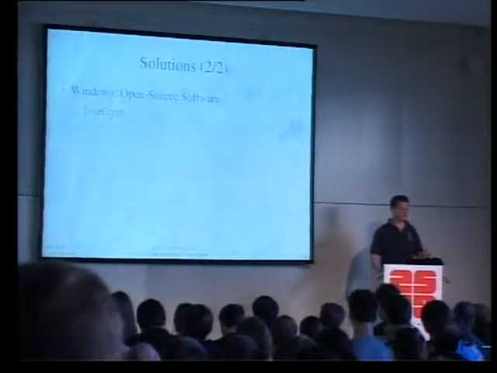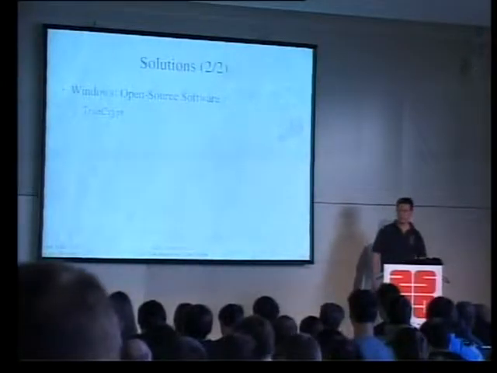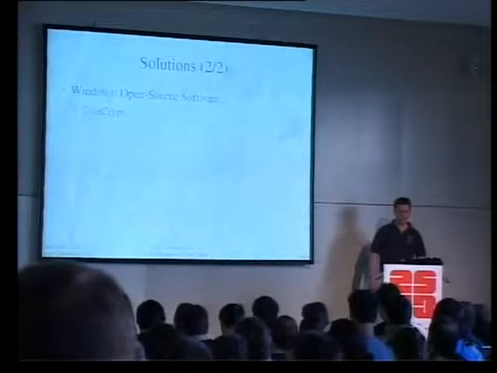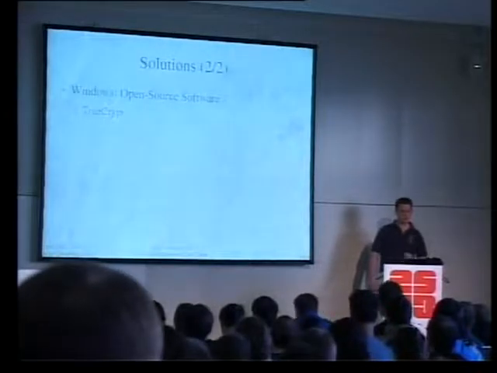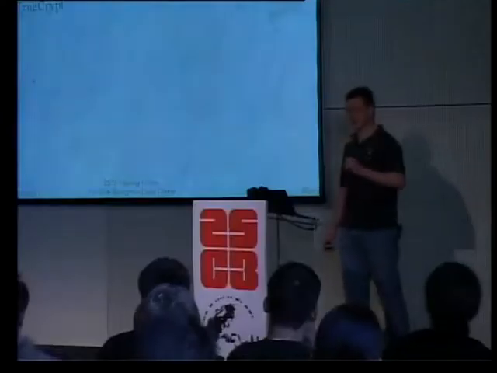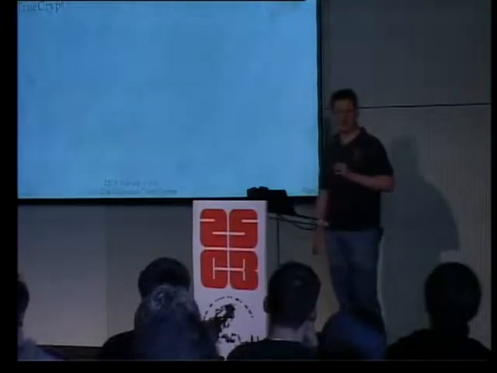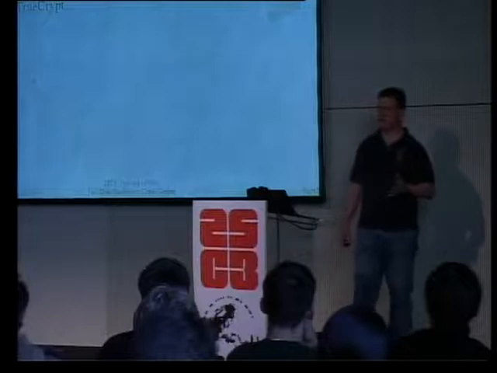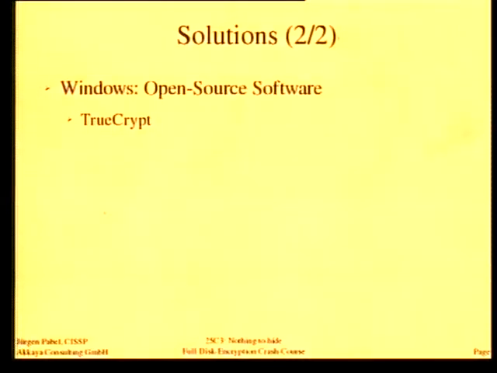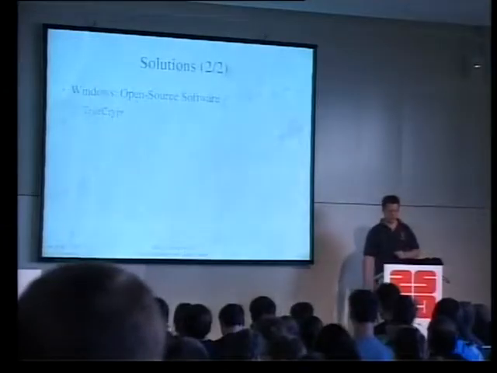TrueCrypt is pretty much the reference open source implementation for full disk encryption. And what I personally found is TrueCrypt is a great product, but it has quite a few issues, internally but also on the front end, and we'll get to these also.